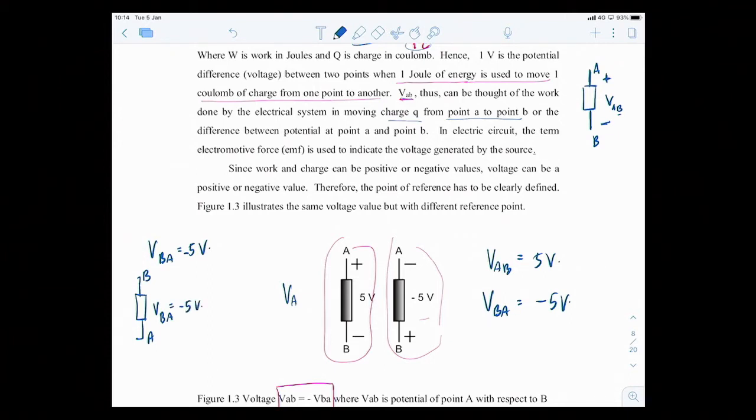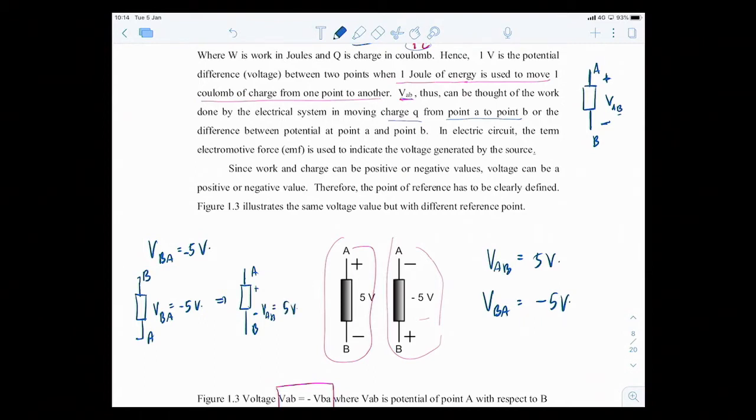If I flip it, this is A and this is B, plus and minus, then VAB would be equal to 5 volts.